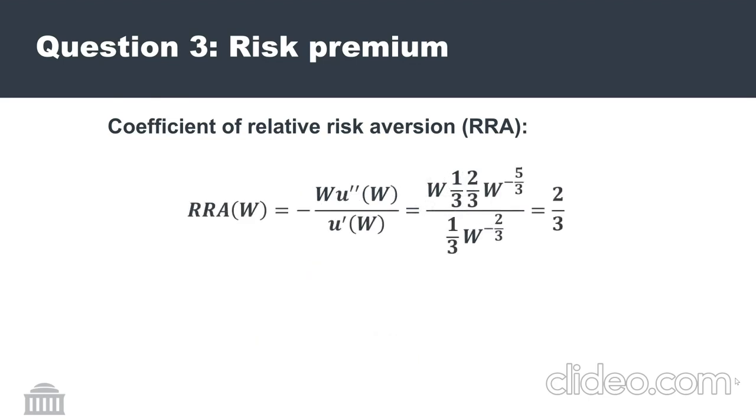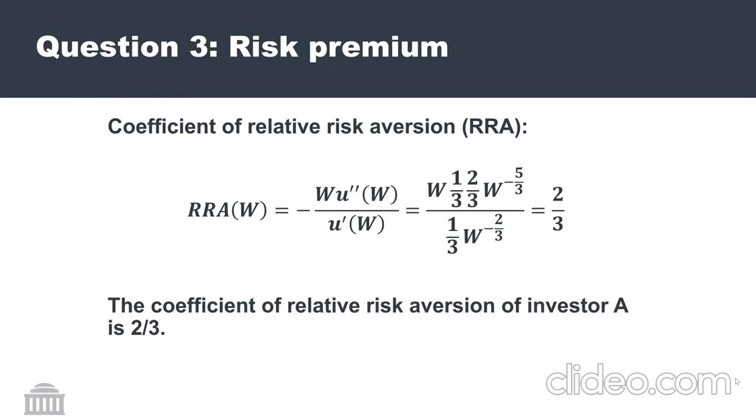Plugging both of these expressions into the definition of relative risk aversion gives us the following, which, if we compute, just gives us 2/3. So the coefficient of relative risk aversion of investor A is just 2/3.